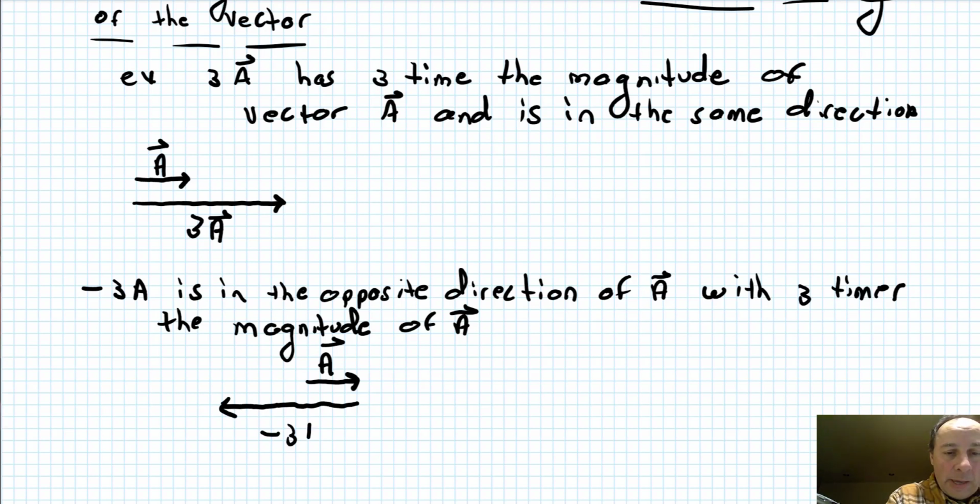Minus 3A, in the opposite direction, 3 times the magnitude of A.